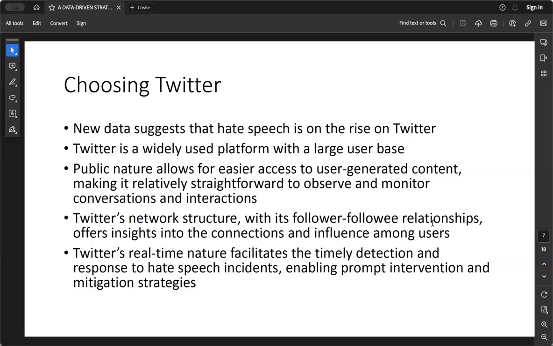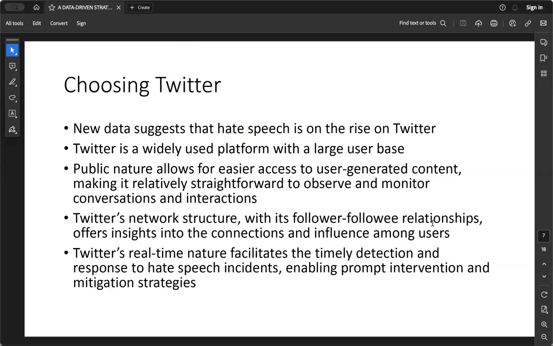conversations and interactions. And also, Twitter's network structure is what we were really looking for, to come up with a directed graph of a follower-followee relationship, such that it gives rise to a directed graph instead of just an undirected graph, so that we can implement the PageRank algorithm or the modified PageRank algorithm efficiently.